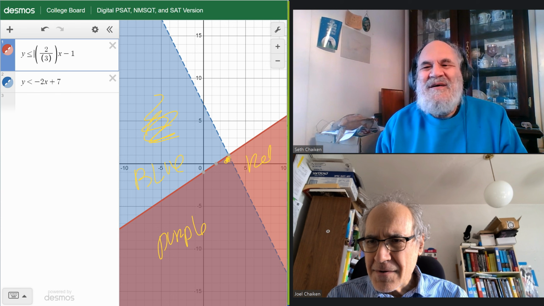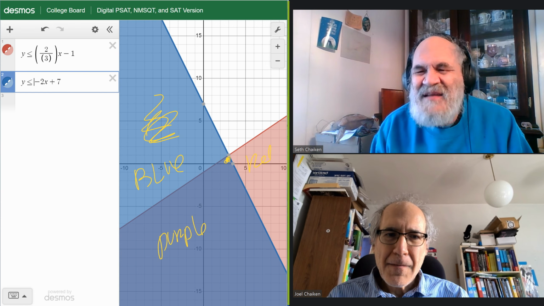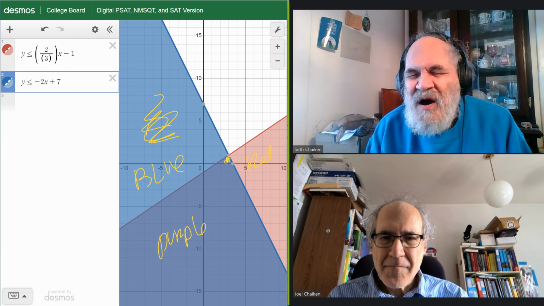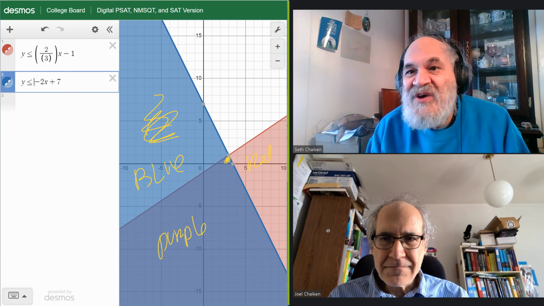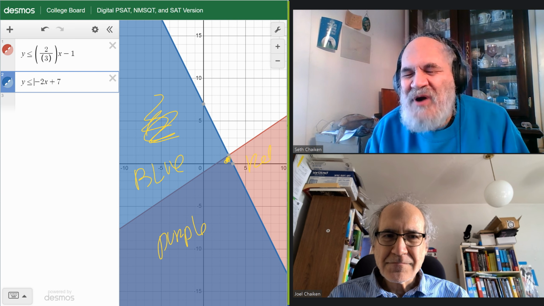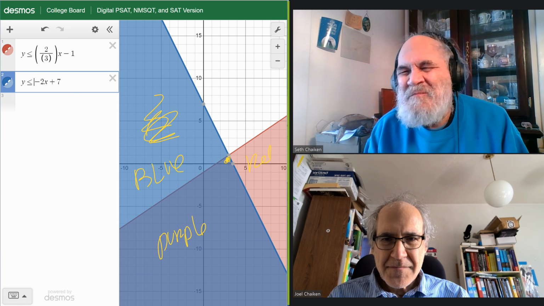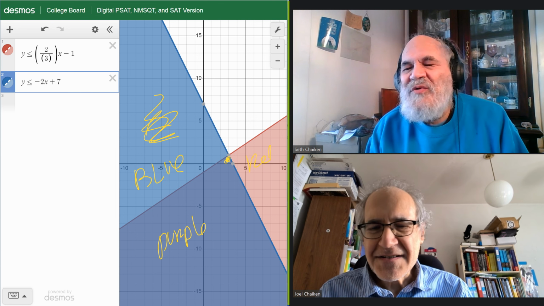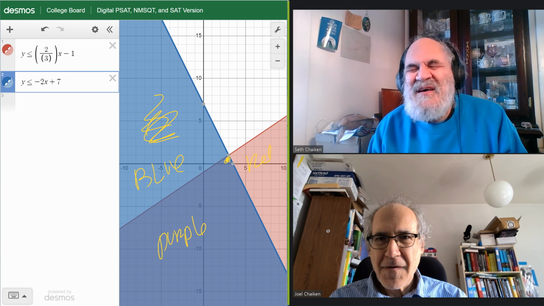So it's wise to get into the habit of copying and therefore reading the notation precisely. In some problems, whether an inequality is weak, less than or equal, or strong, less than, is important. If you're practicing for the SAT, it's wise to practice being precise.